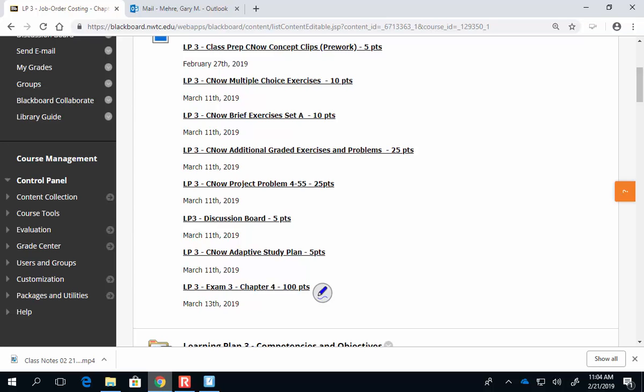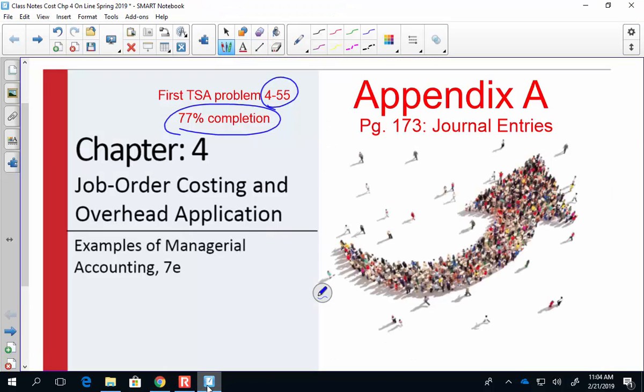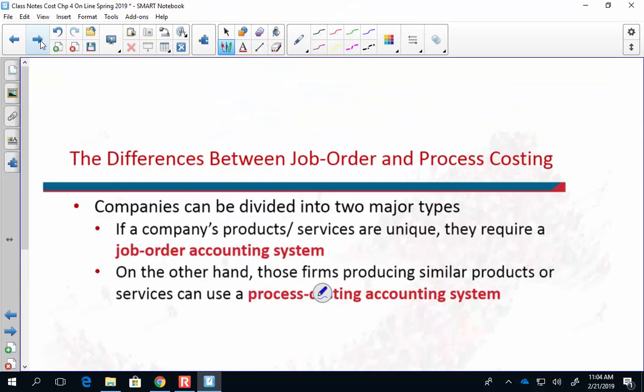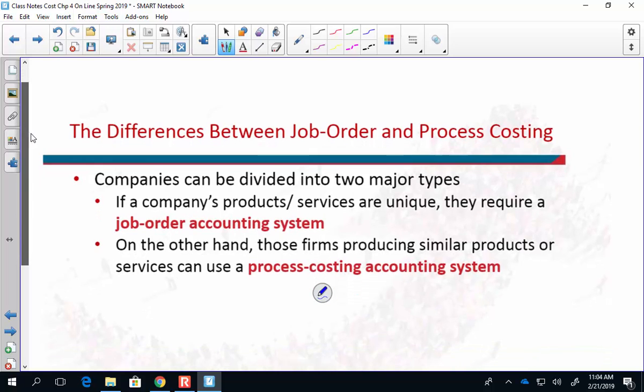So going back to our problems then, the chapter begins with a discussion between two types of costing systems, job order costing versus process costing. Process costing will be discussed in chapter 6, which is going to be our next chapter. But they do, in chapter 4, discuss the definition here.